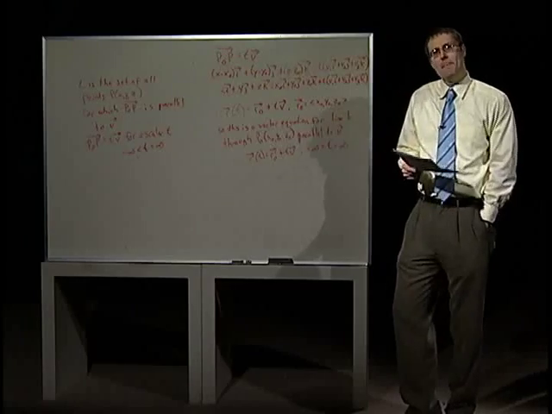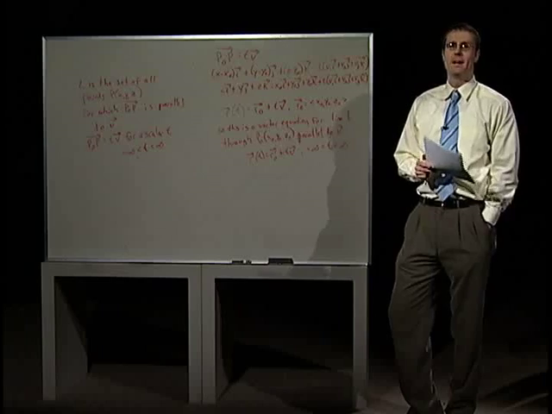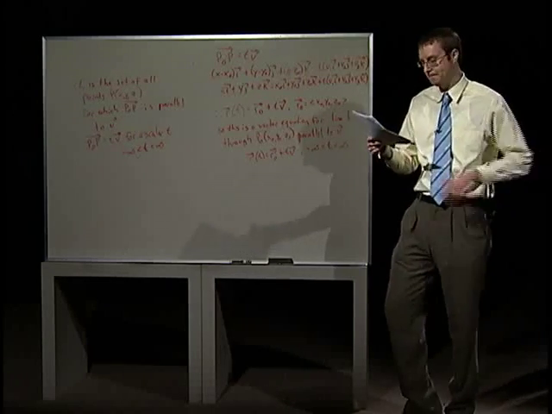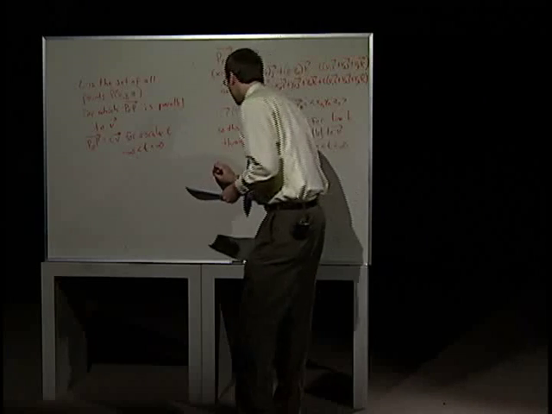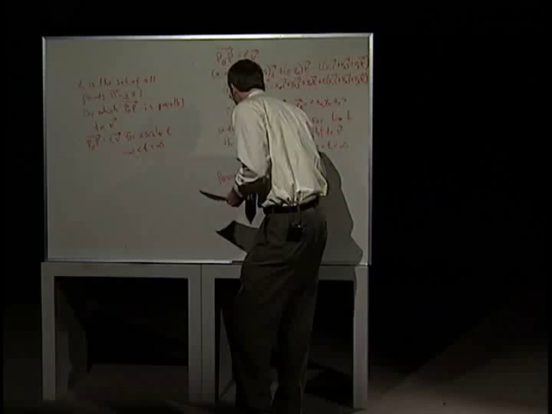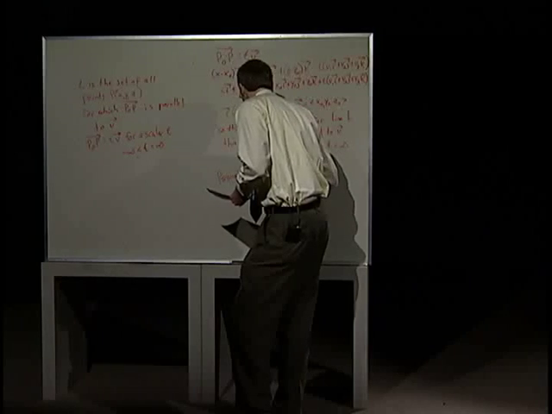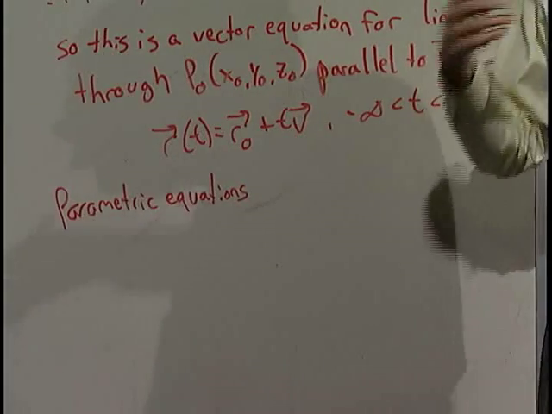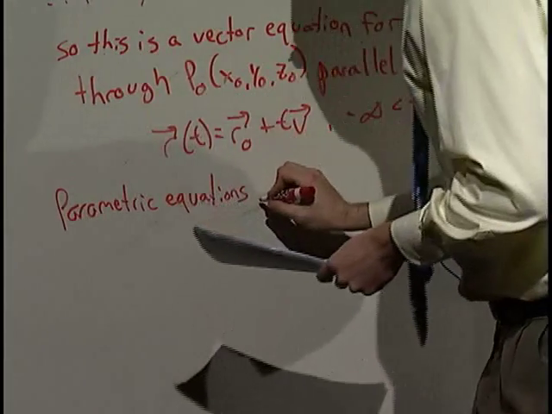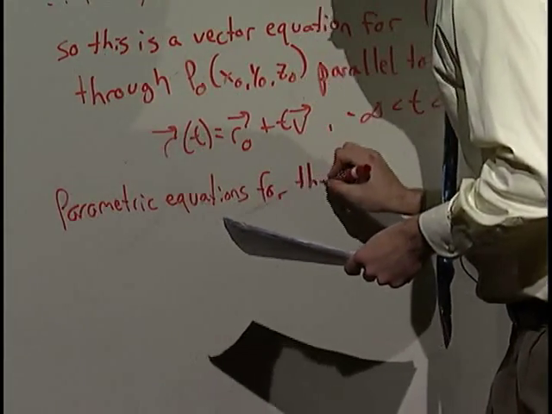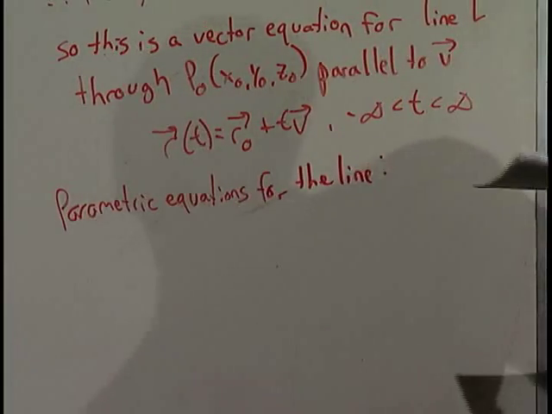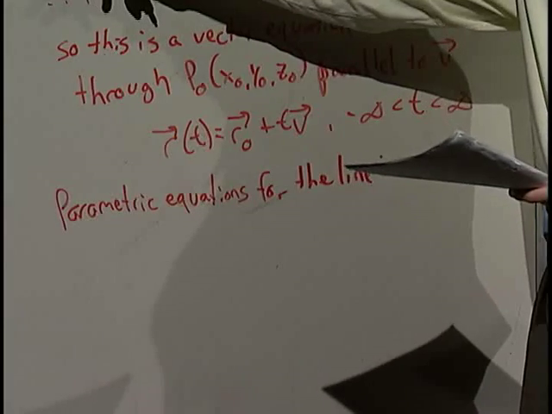However, what may be more useful to us than the vector equation are the parametric equations for the coordinates of the line. Remember that what we're talking about here is defining each coordinate x, y, and z in terms of the variable t. So parametric equations for the line, well, they come directly out of this by just looking at, well, what is the i component on the left-hand side?